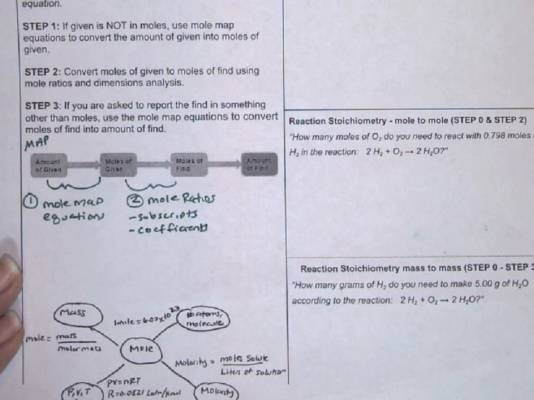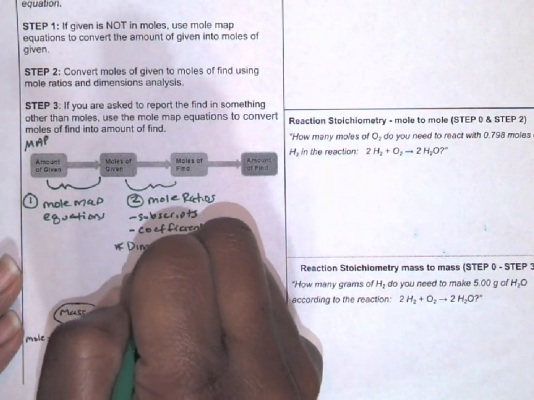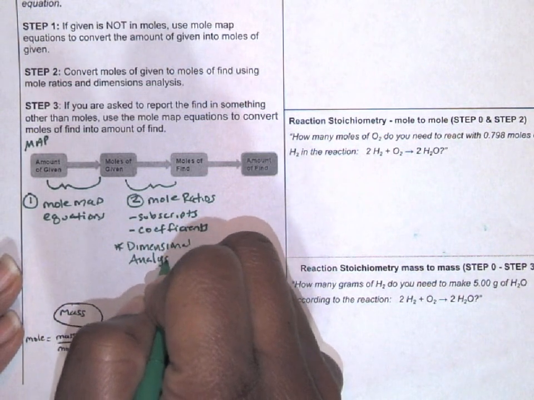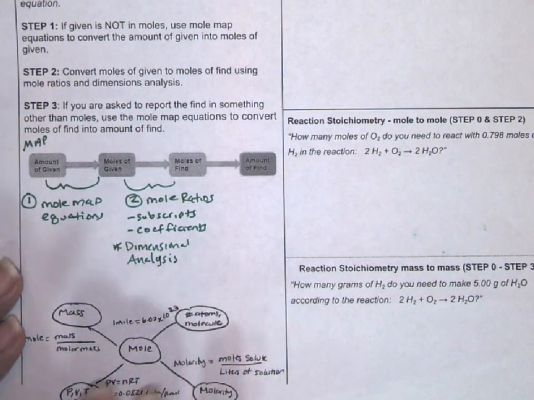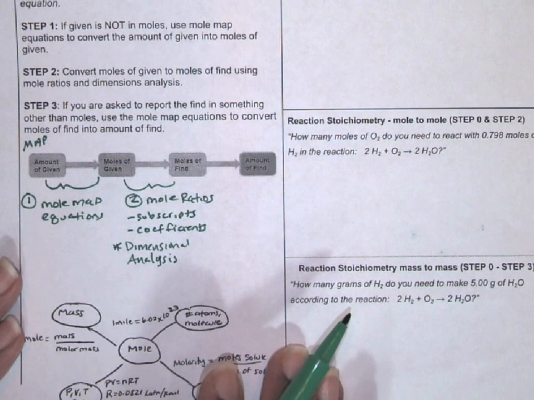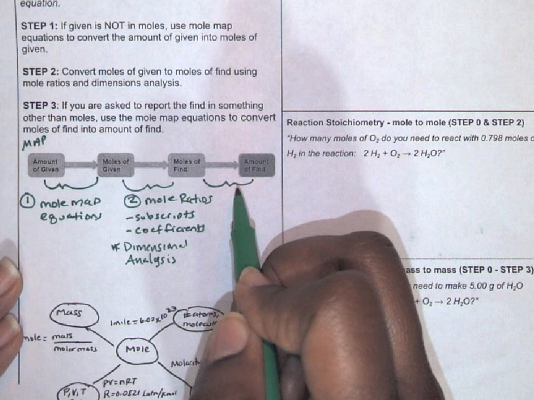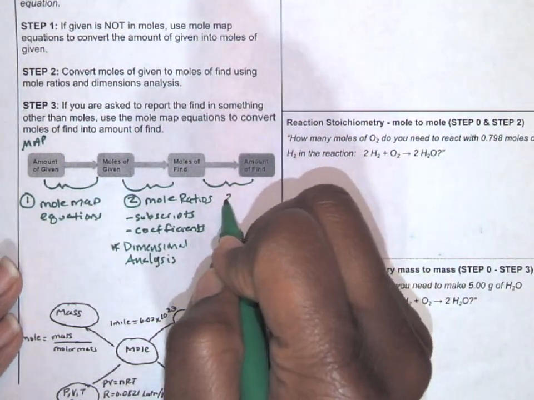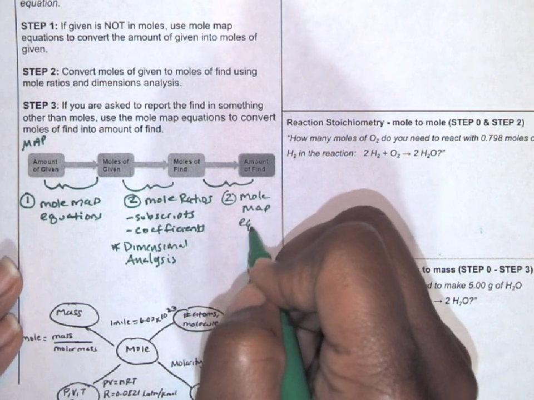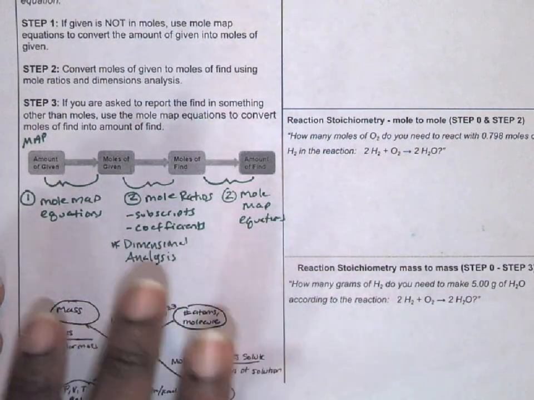The other thing I want to note here is that at this point is where we're going to be using dimensional analysis to do that conversion from moles of given to moles of find. The last step, if they're asking for your find in something other than moles, is once again we're going to go to the mole map to do that conversion.